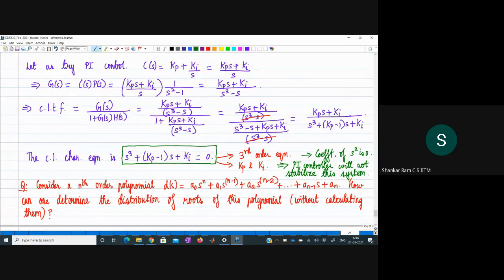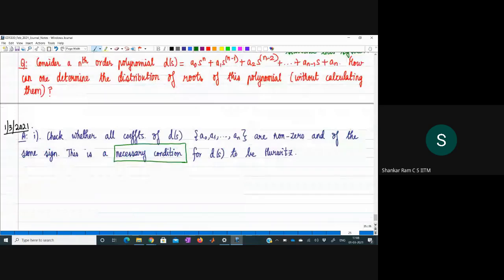Now, based on the necessary condition that we discussed just now, we can immediately see that the PI controller is not going to stabilize the closed loop system. Why? Because we are essentially missing the coefficient of s squared. The coefficient of s squared is 0, so that violates the necessary condition. The moment it violates the necessary condition, we know that stability is certainly not possible. So the PI controller will not stabilize the closed loop system. I hope the conclusion is clear.